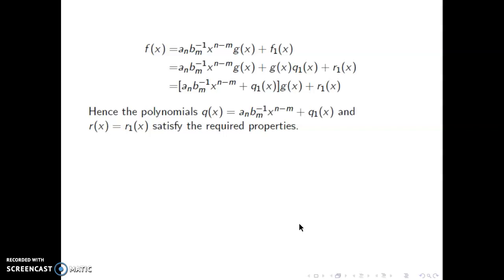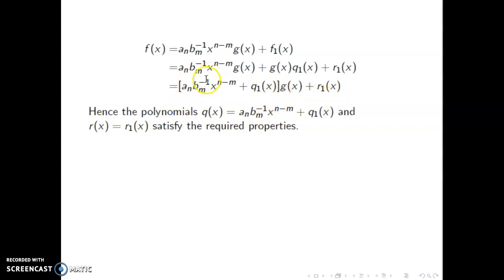This is from the definition of f1(x). And then in the next step I write f1(x) in terms of the quotient and remainder when divided by g(x), and so I get this expression. In the next step I take g(x) common and say this is equal to (a_n b_m^(-1) x^(n-m) + q1(x)) g(x) + r1(x).